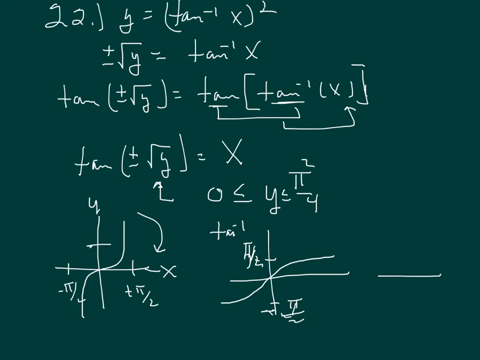If we square the arctangent, then we get a function that looks like this, where now I'm approaching pi over 4.